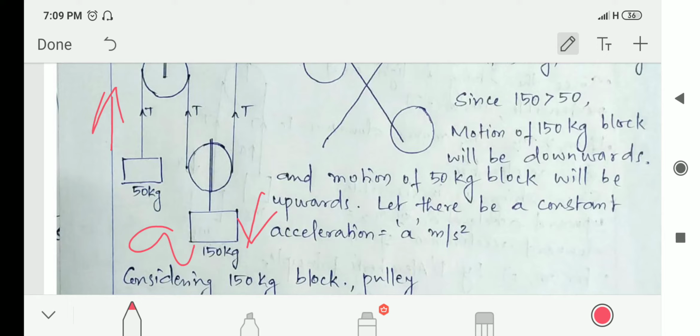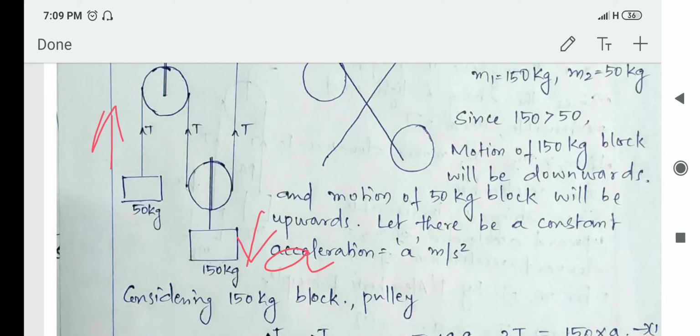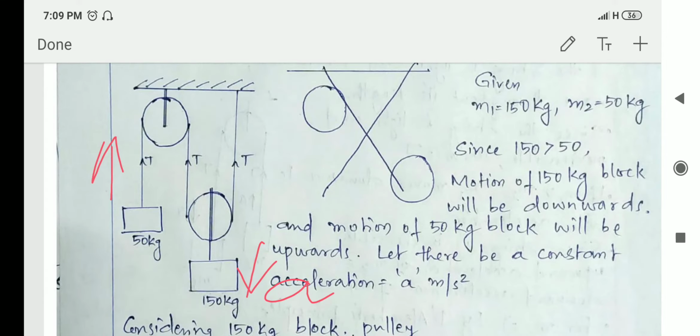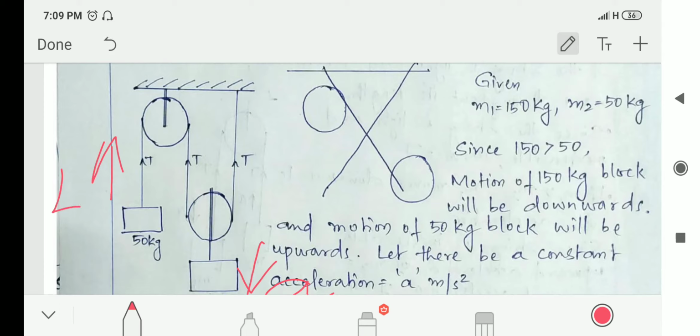So let me ask you, what is the acceleration of the 50 kilogram block? You may think that it is the same acceleration a itself, but it comes to 2a actually. The acceleration is 2a. So we might get confused how this is happening, but it's very simple actually.